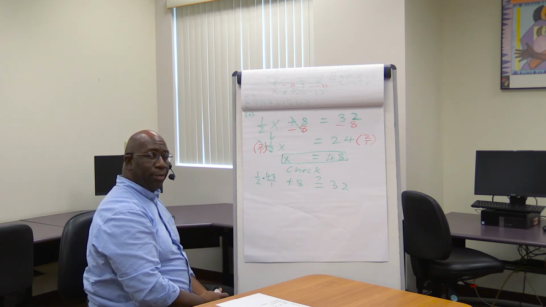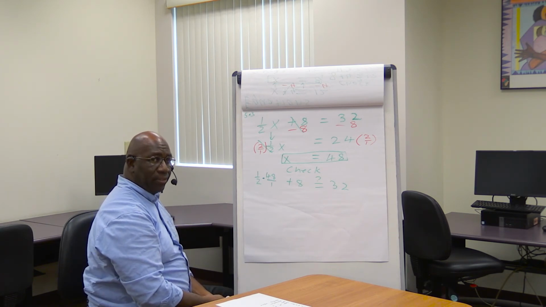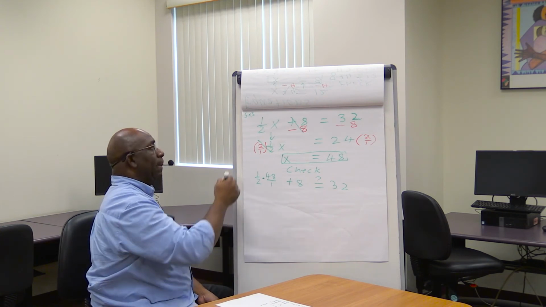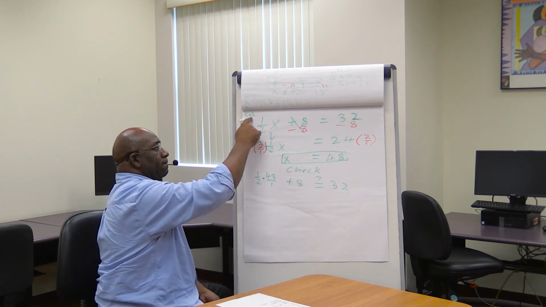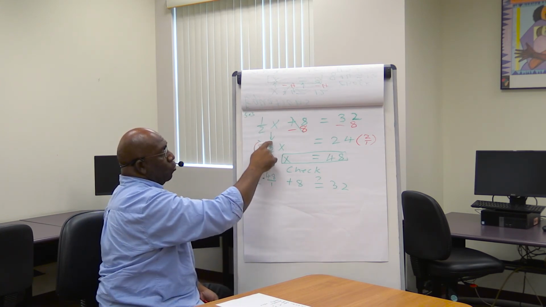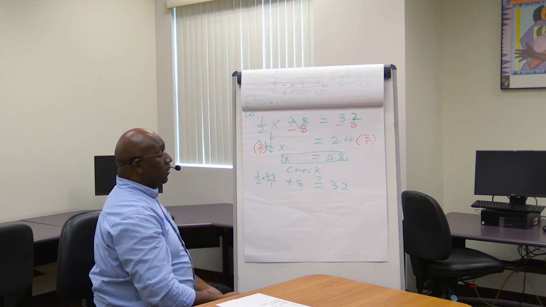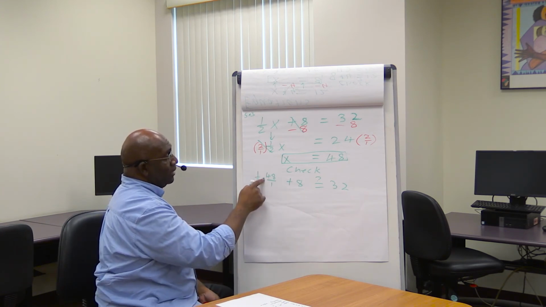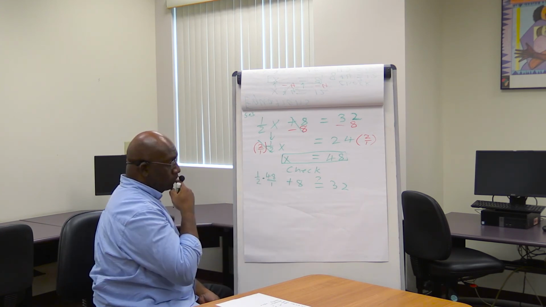So you just learned that there are 3 ways of writing times or multiply. 1, 5 times 3. Another way, 2 times 1/2. Another way, 1/2 times 48.